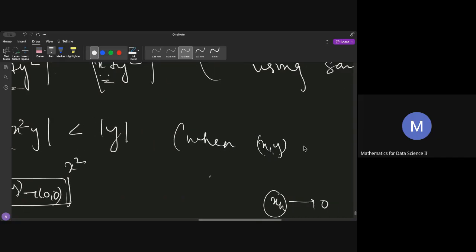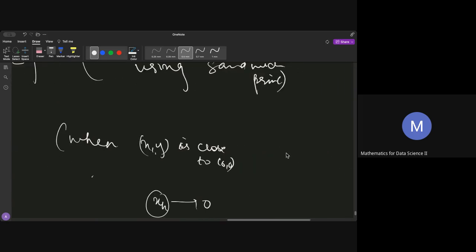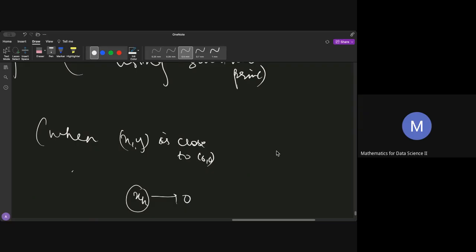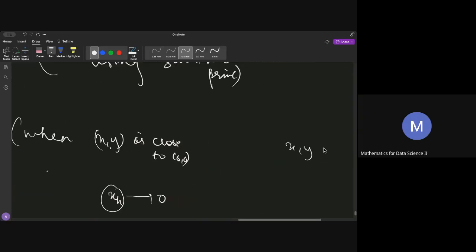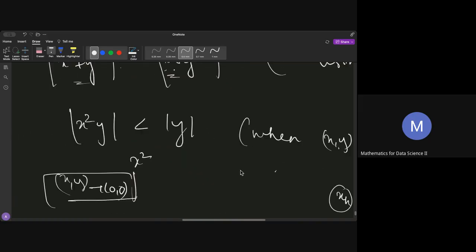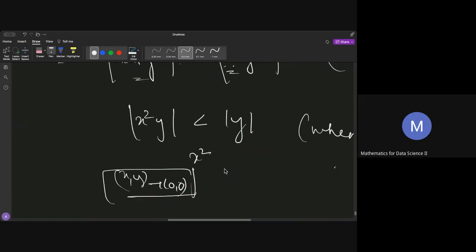when x, y is close to 0, 0, or in simple words, when x, y both are between 0 and 1, right? When this happens, can I not say that x squared is just less than 1?